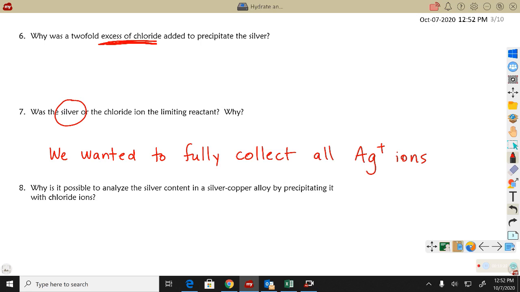Which again kind of goes back to number 6 then. Why was a twofold excess of chlorine added to precipitate the silver? It's kind of the same thing. I almost want to just write the same thing.